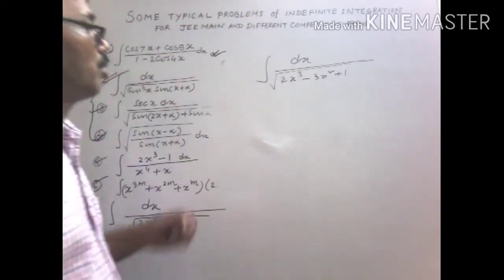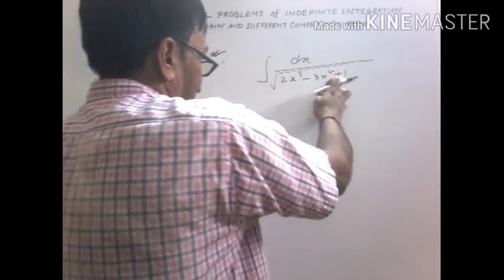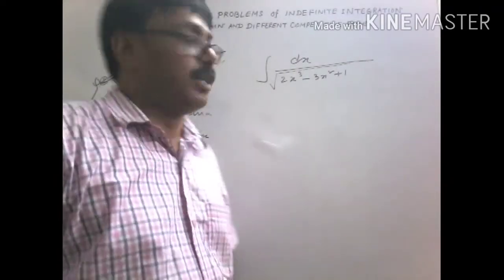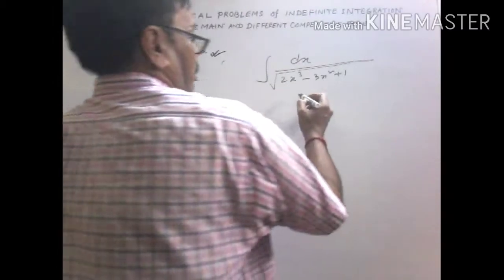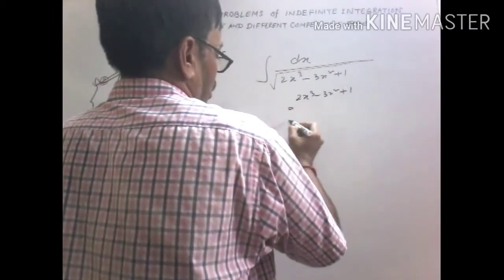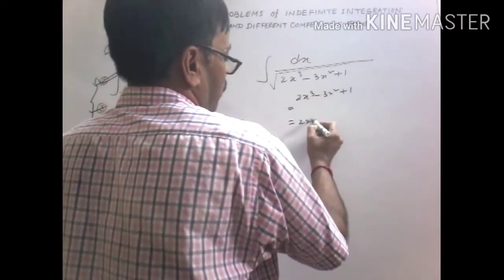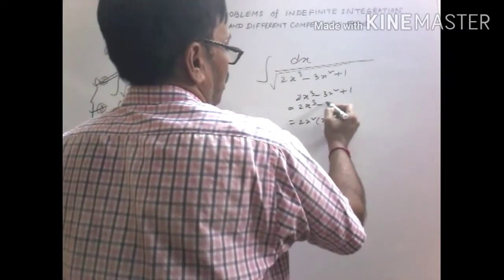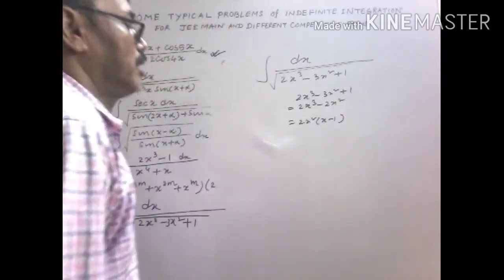So our main aim will be to check whether it is factorizable or not. Look, if we put x equals 1, then this expression is 0. So x minus 1 is a factor. So we factorize it: 2x cube minus 3x square plus 1. We can divide it, since x minus 1 is a factor. So we can write 2x cube minus 2x square.